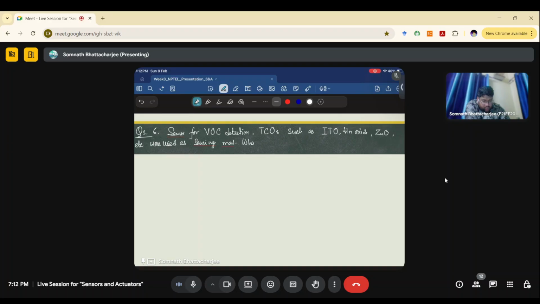What is TCO? VOC is volatile organic compounds, and for this, what is TCO? For volatile organic compound detection, that is for gas sensing in general, you need ITO, tin oxide, zinc oxide, and these kinds of things. So what do you mean by TCO?